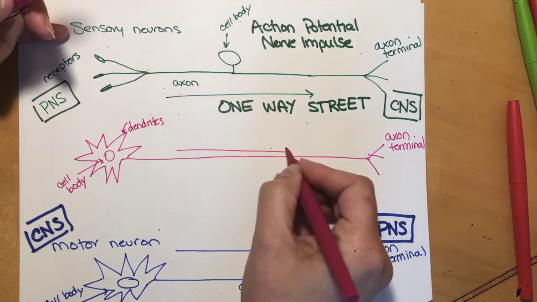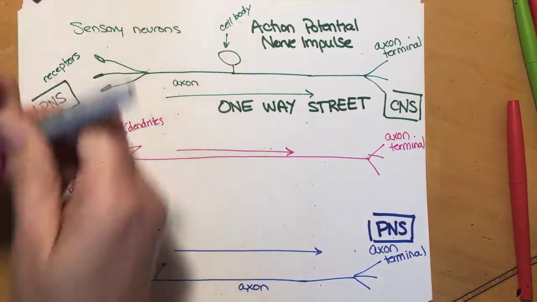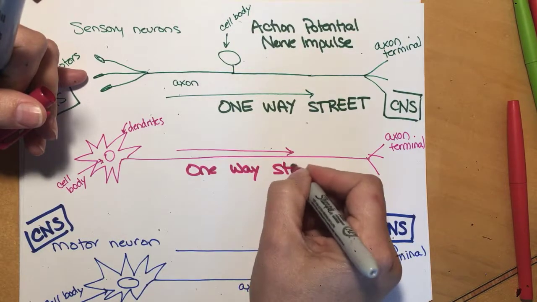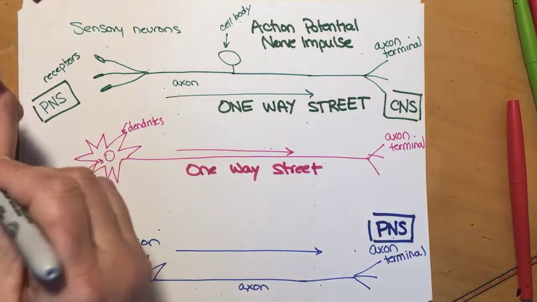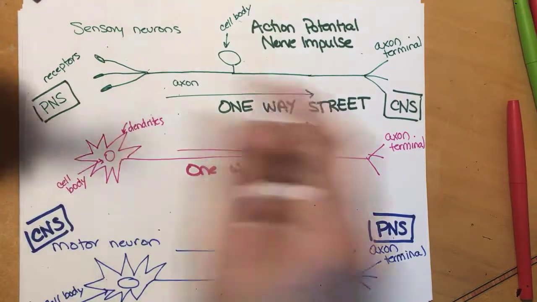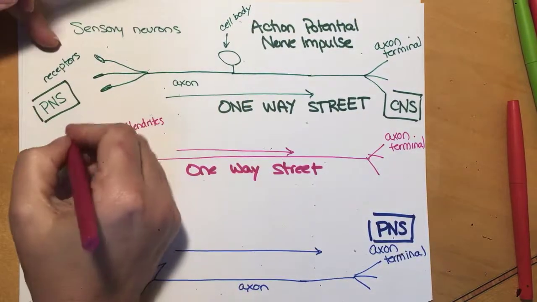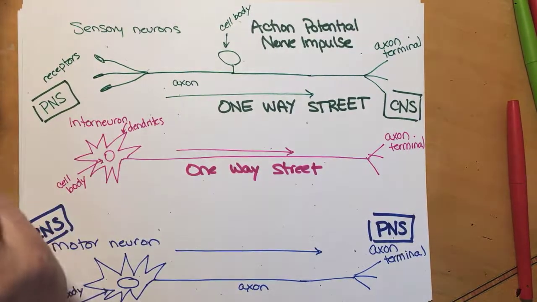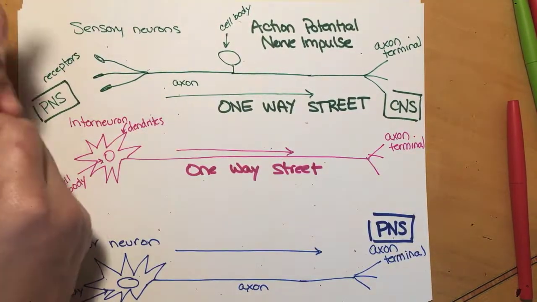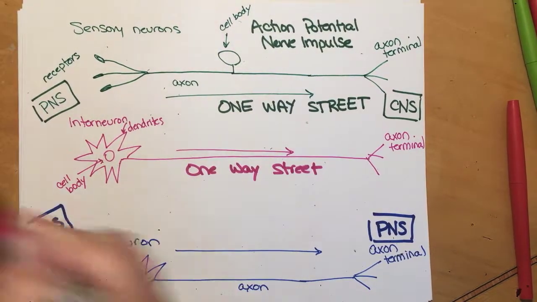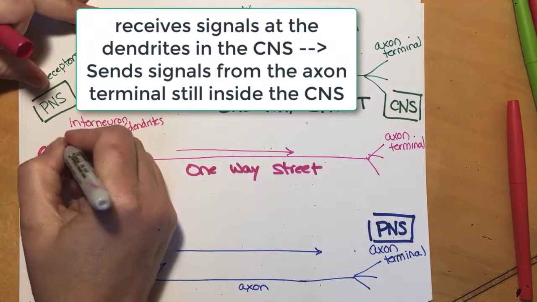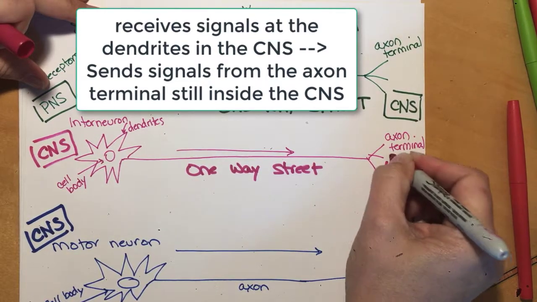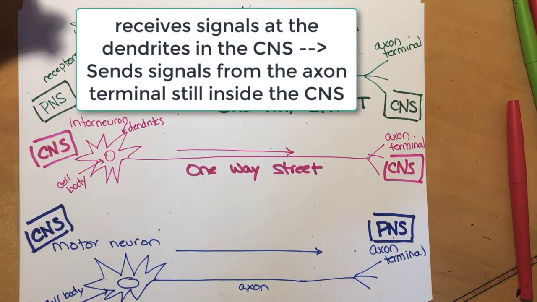And then we still have our one-way street. This is an interneuron. The difference here, an interneuron, remember, is wholly within the central nervous system. So we're going to start in the CNS and we're going to remain in the CNS. We're not leaving the brain and spinal cord.